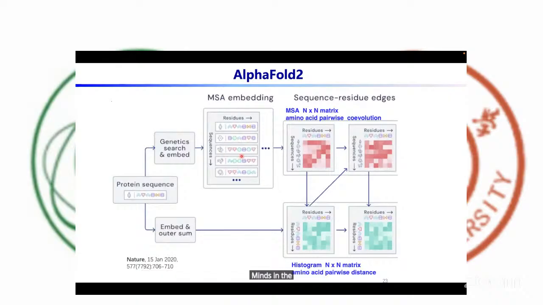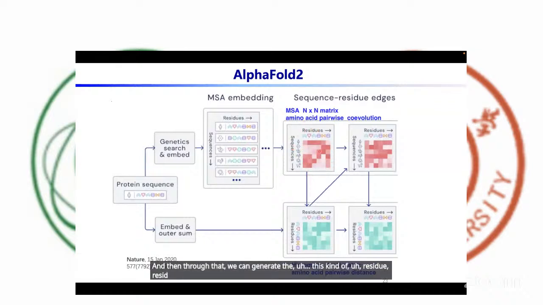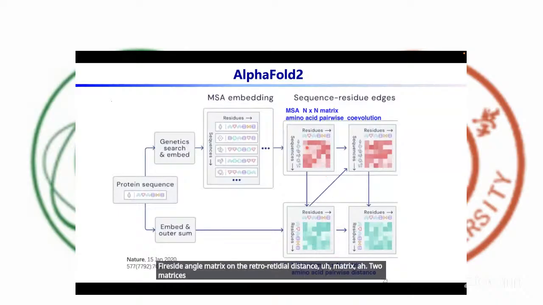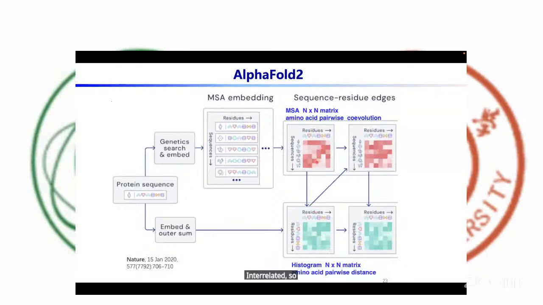Through that, we can generate a residue phi psi angle matrix and a residue distance matrix, two matrices. Of course, phi psi and the distance are interrelated, so you have to synchronize them, updating one by another to make them consistent.